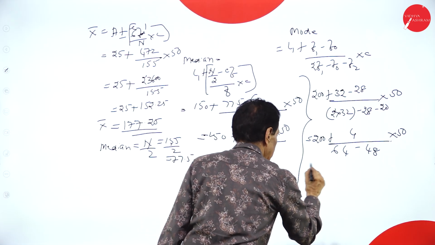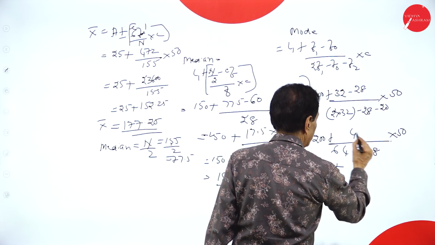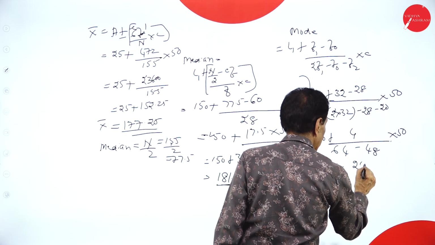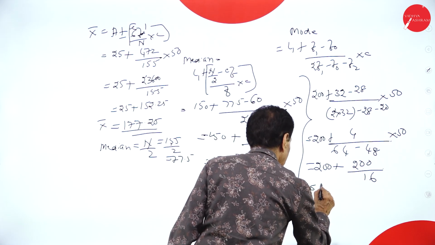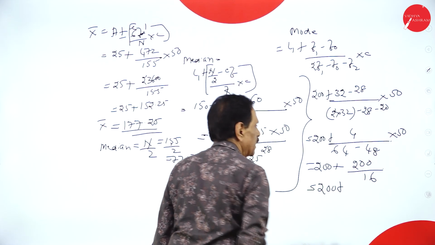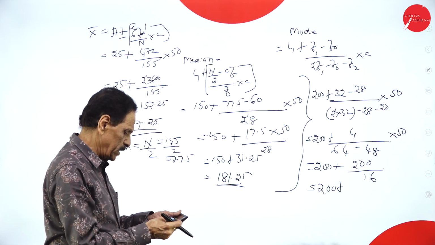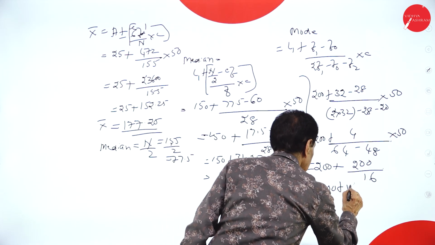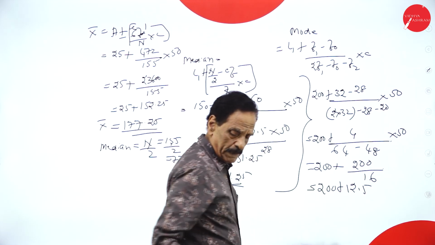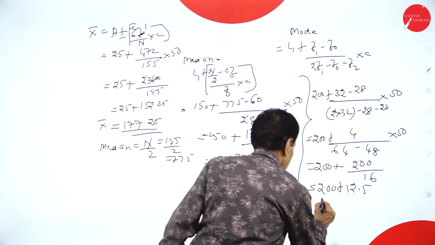This is 200 plus 4 into 4 into 50 is 200, divided by 16. Now you have to divide 200 divided by 16, 12.5, plus 200, 212.5.